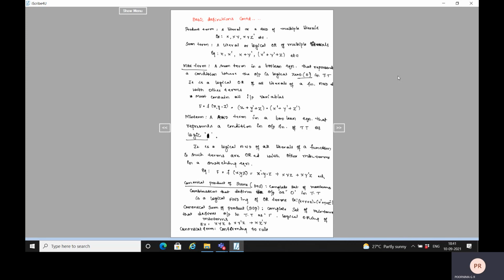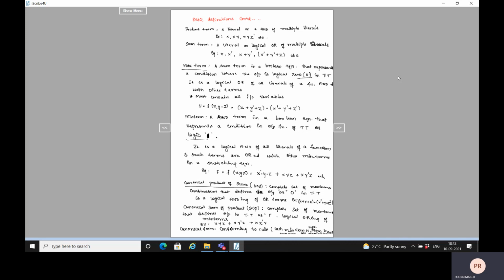What this canonical form means is that each max term or min term must contain all the input variables used in the expression, that is, all literals.